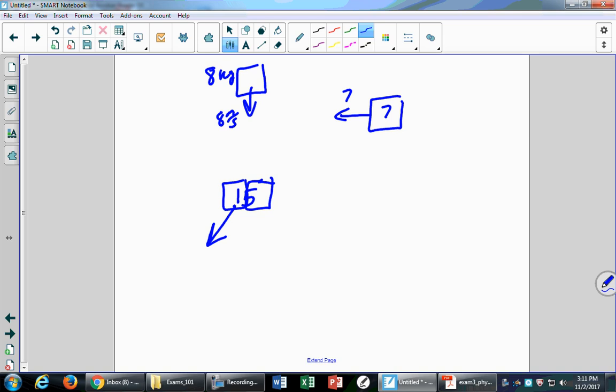So to do that, I would say PIX equals PFX. And then my initial momentum in the x direction is going to be 7 kilograms, that's the mass, times negative 7 meters per second. Because this object has an x momentum, but this object only has a y momentum. So I don't include that.